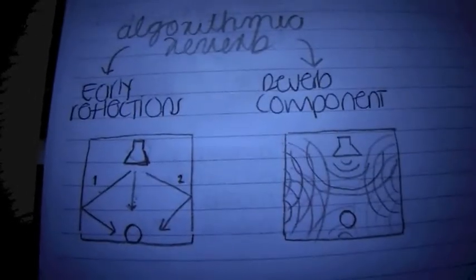We have a lot of reflections that are bouncing on the walls or the objects, or everything that is in the room. Now I'm gonna show you these two plugins in Logic.